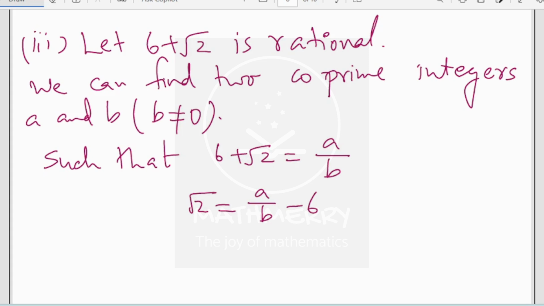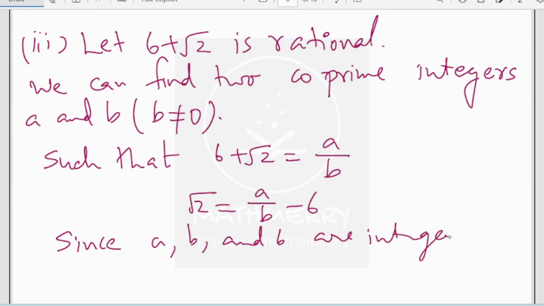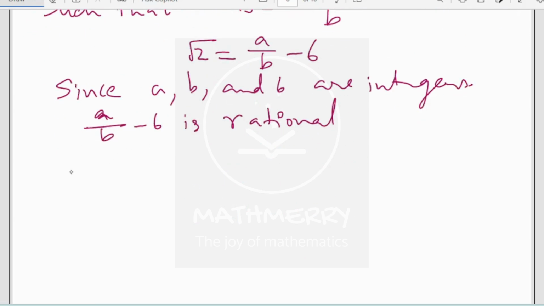Now since a, b and 6 are integers, we can say that a by b minus 6 is rational. Okay, if the right hand side is rational, then therefore root 2 is rational.